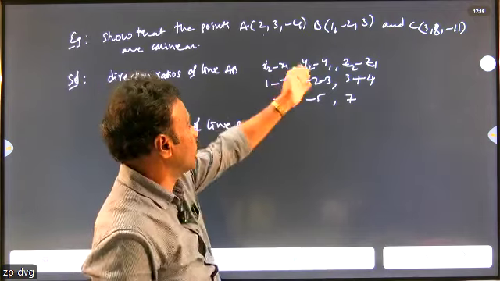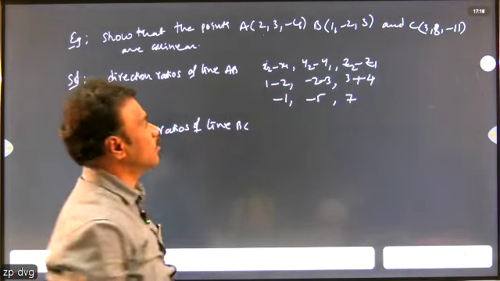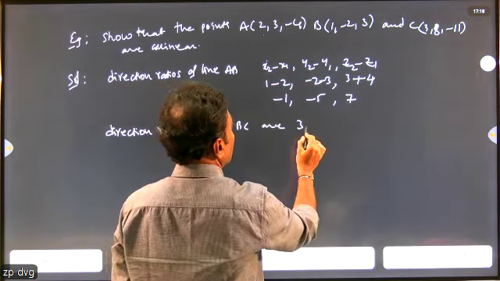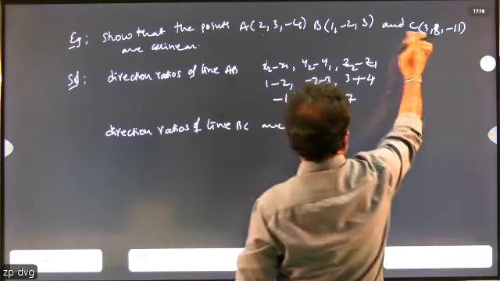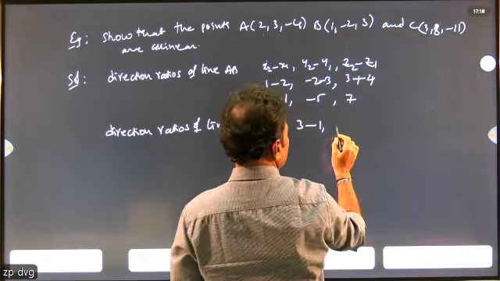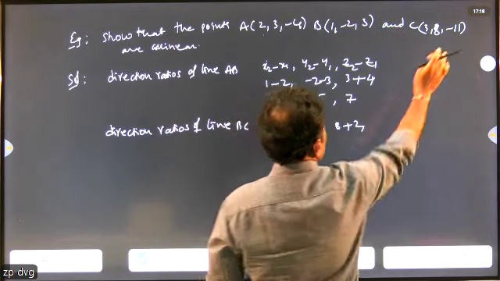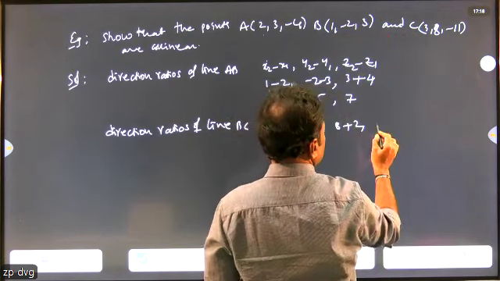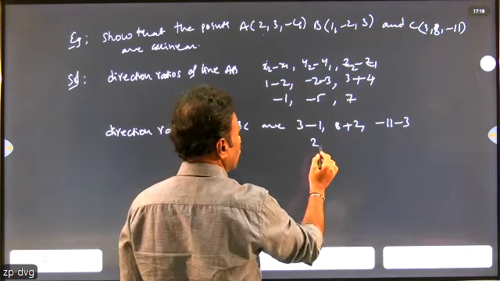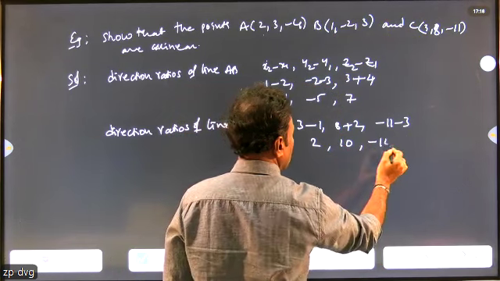Again applying the same formula, x2 minus x1, y2 minus y1, z2 minus z1, you get 3 minus 1, then 8 minus of minus 2, which is 8 plus 2, then minus 11 minus 3. So you get 2, 10, and minus 14.